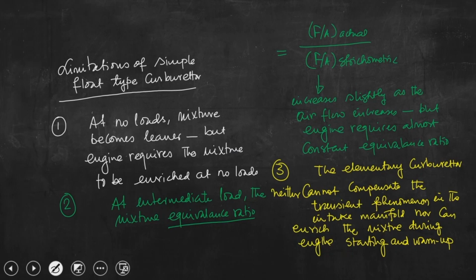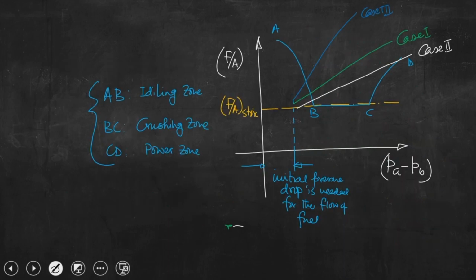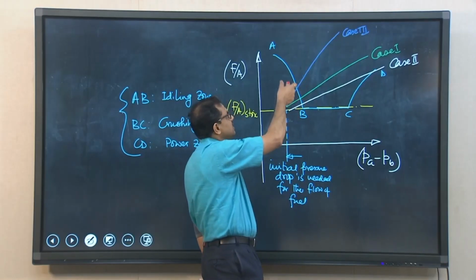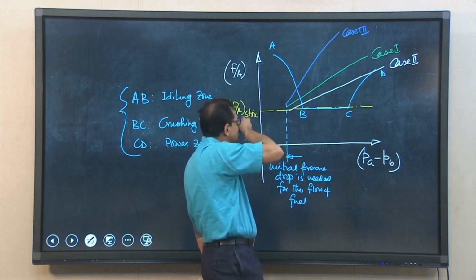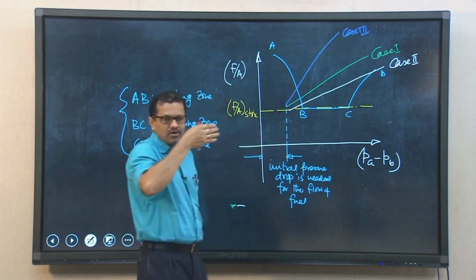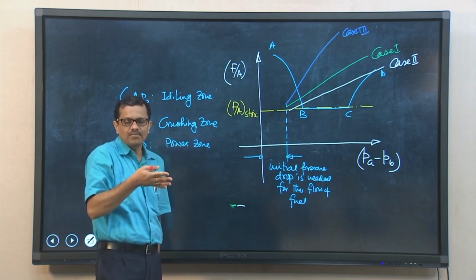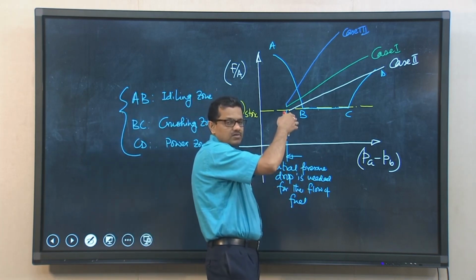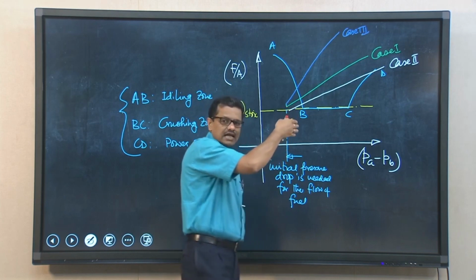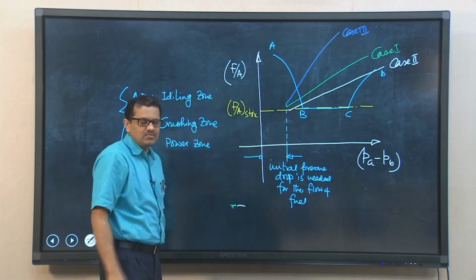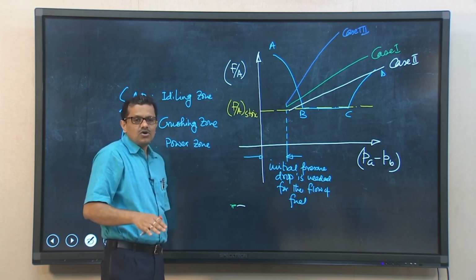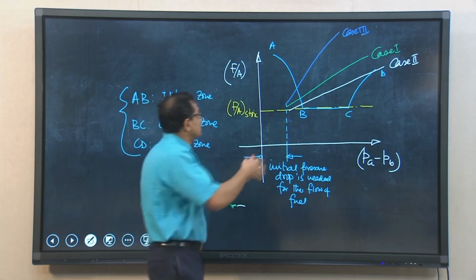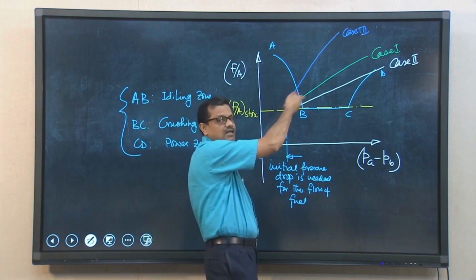Try to understand, if we go back to the previous slide, even if we can adjust the carburetor to supply the fuel air ratio, which is though not perfect, but satisfactory, I mean the engine can be supplied a fuel air ratio, though that particular ratio is not perfect for the operation of the engine during the idling zone, but still it can run.